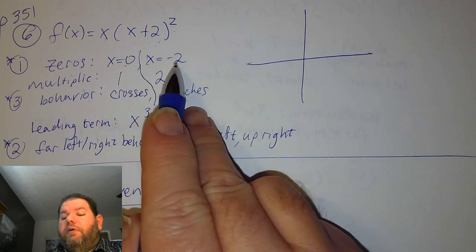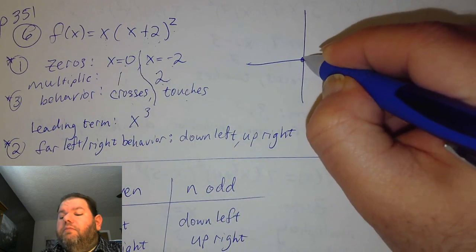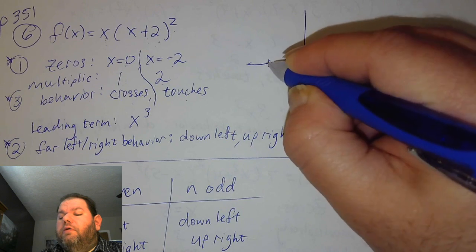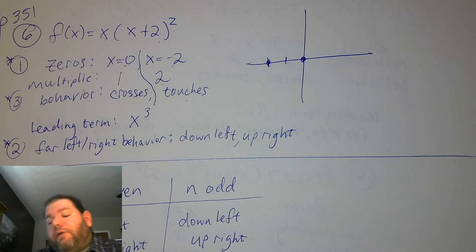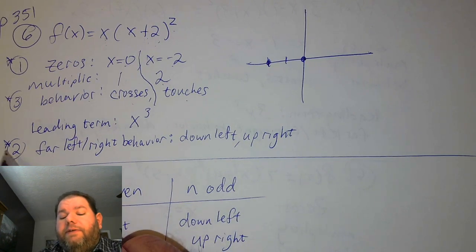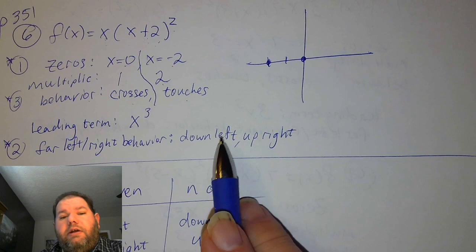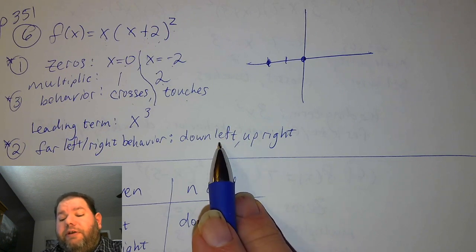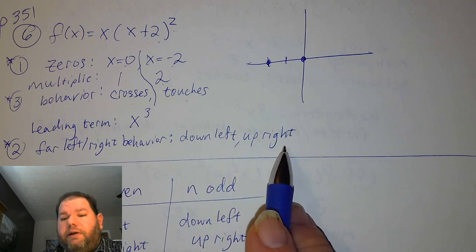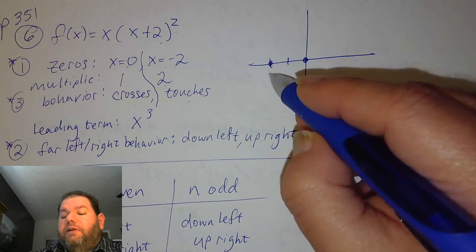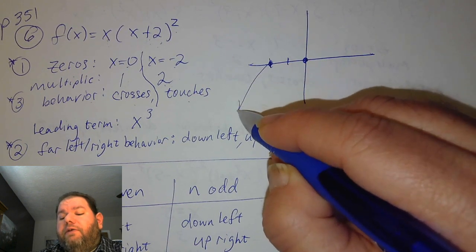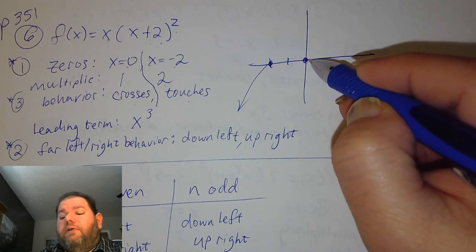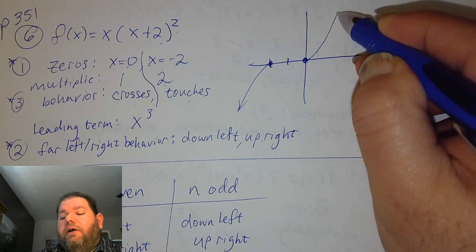We have 0, we have negative 2. Now for our far left and far right behavior, we'll do that second. So we know ultimately the graph is going to continue down to the left and up to the right. So from the leftmost intercept, it continues down left, and from the rightmost intercept, it continues up right.